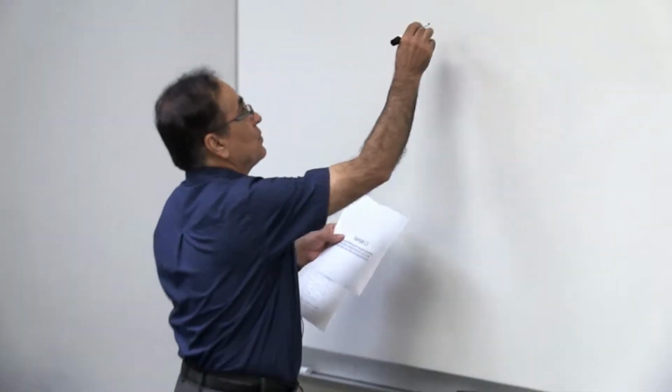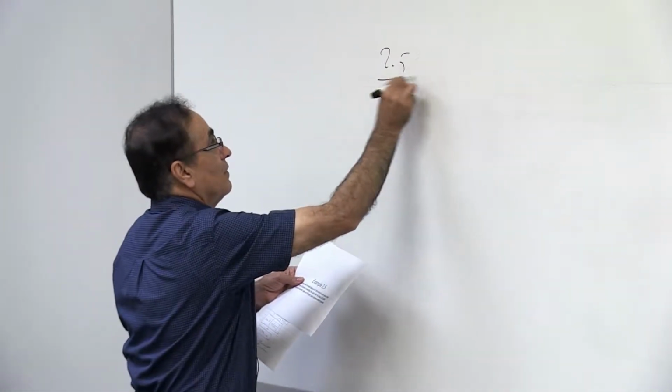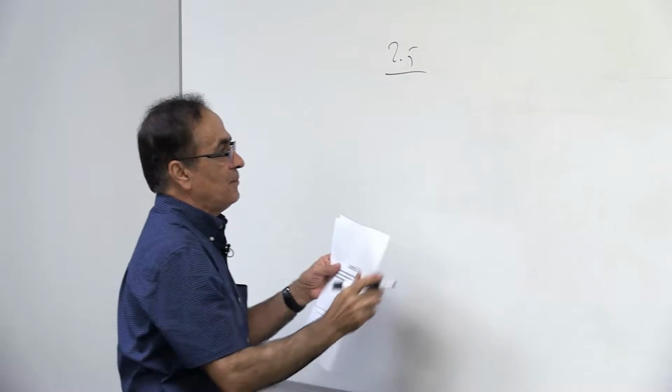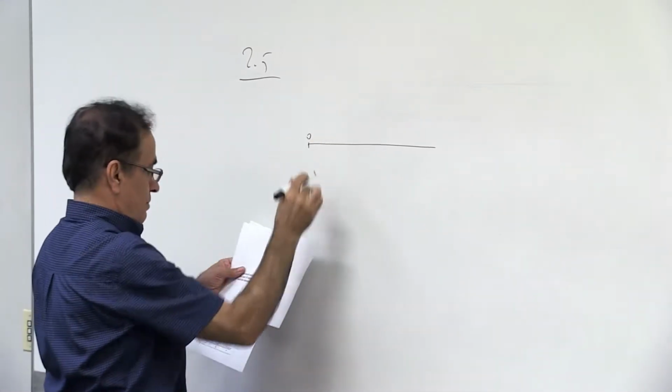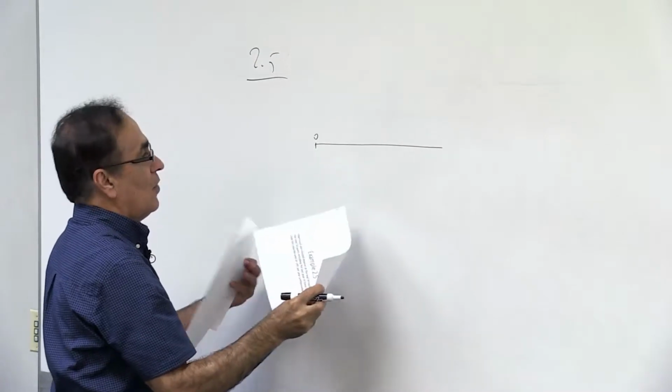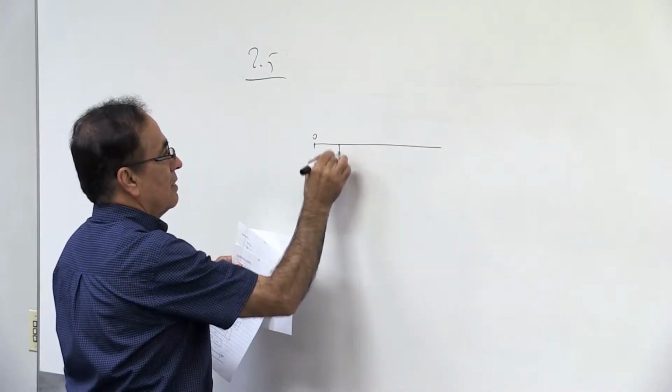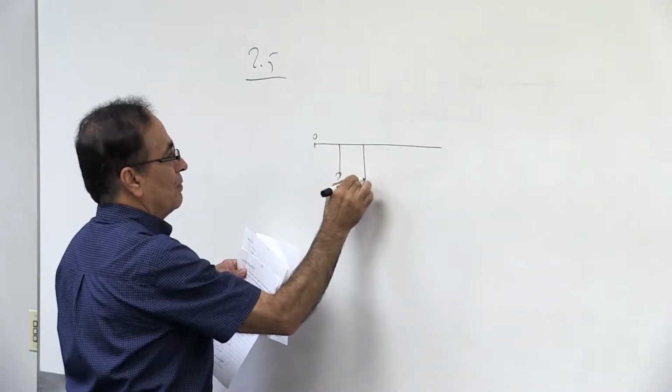This is example 2.5. This time, we want to know how much you should deposit every year uniformly.